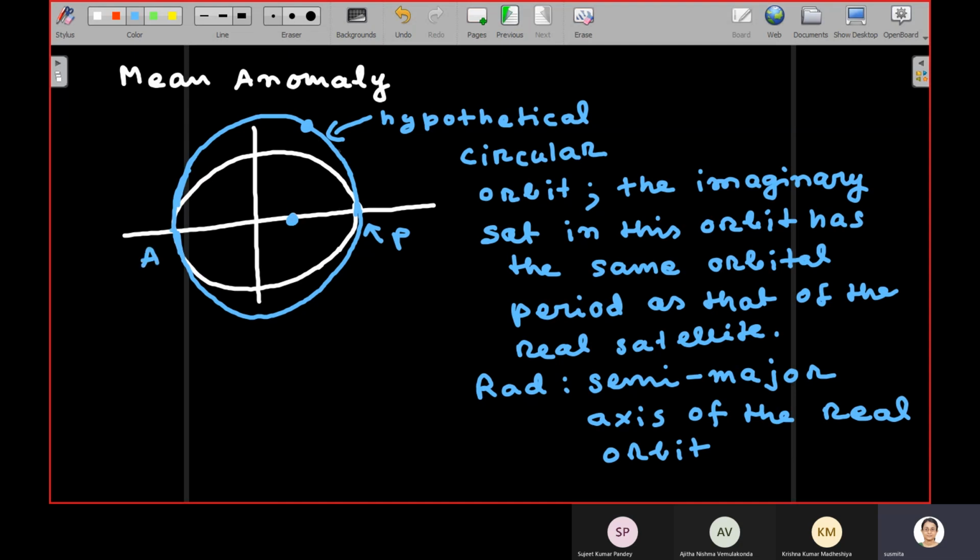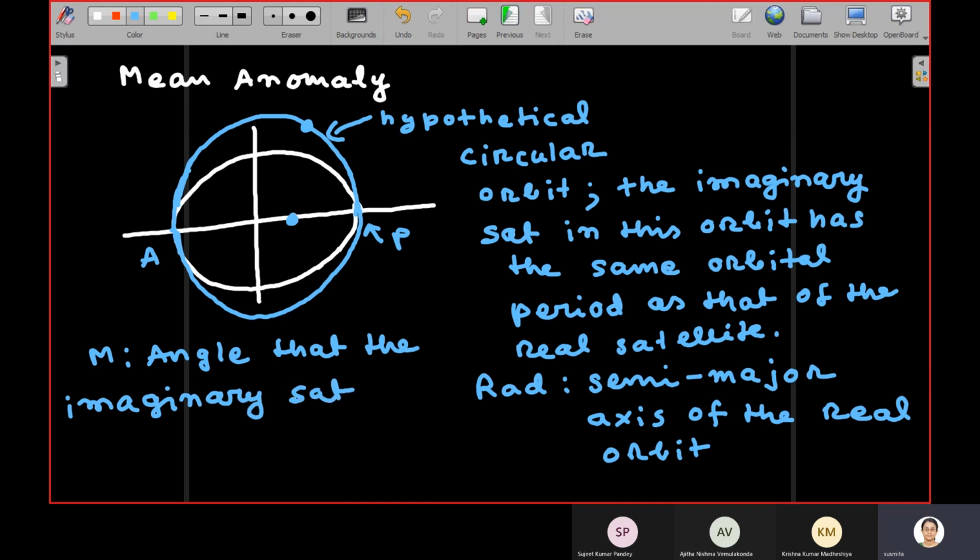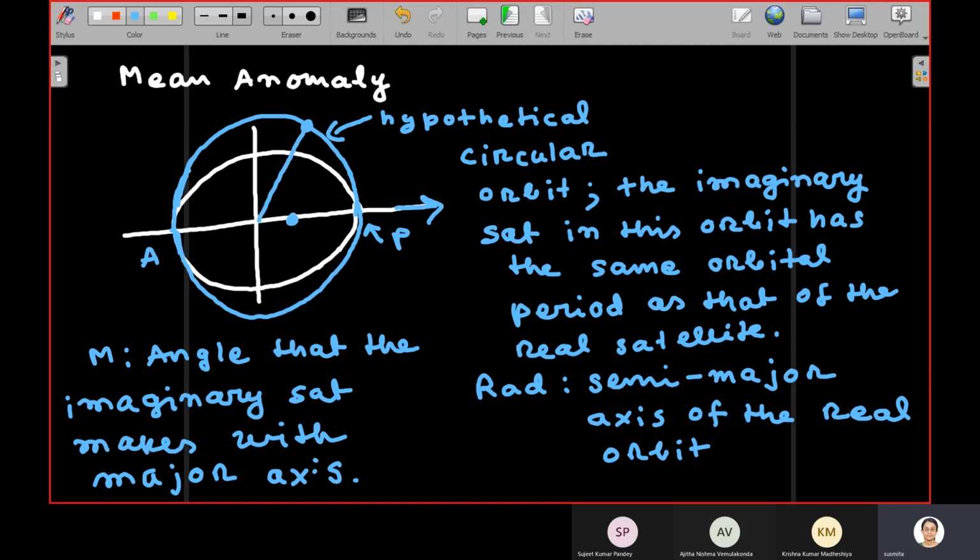Now the mean anomaly M is the angle that the imaginary satellite makes with the major axis. So this is the major axis. This angle is mean anomaly. Okay, it is denoted as M.